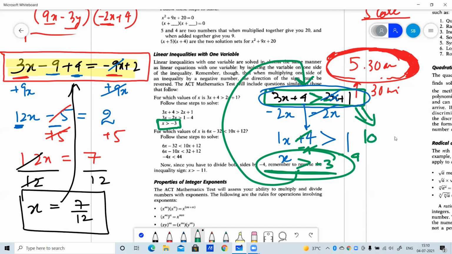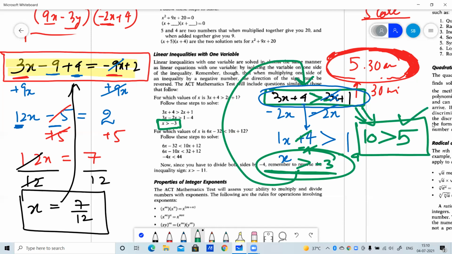And then 2 times 2 is 4, plus 1. How much is that? That's 5. So isn't 10 greater than 5?